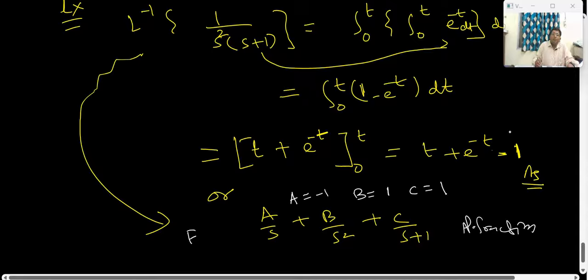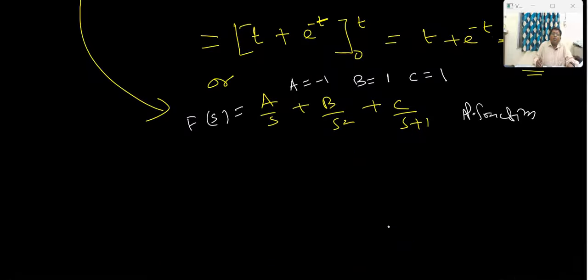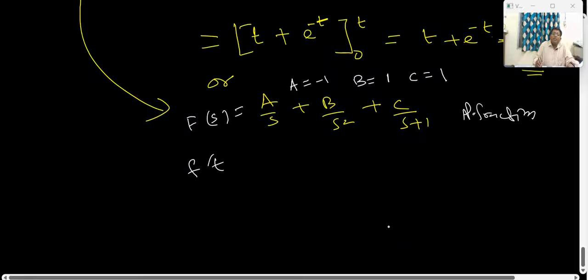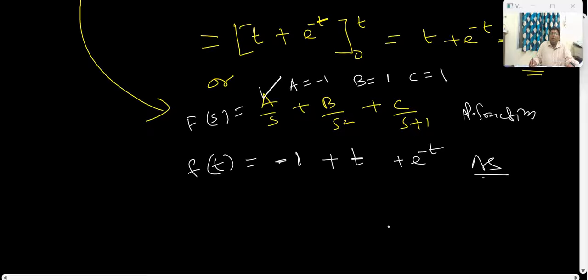And your F(s) will be of this form by applying the partial fraction rule. Now the moment you find f(t), it is L inverse of this. L inverse of 1 by s is 1, so a is minus 1, and b is 1, so it will give you t, and c is 1, it will give you e to the power minus t, right? So this is partial fraction, the other way of getting this.